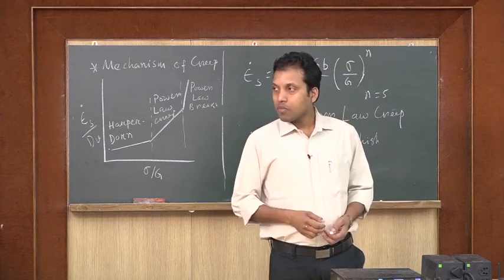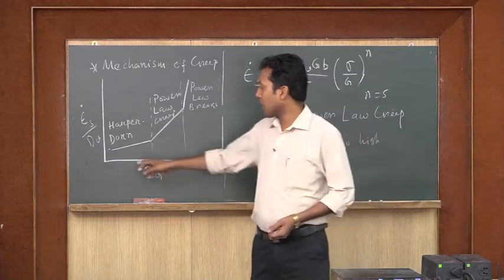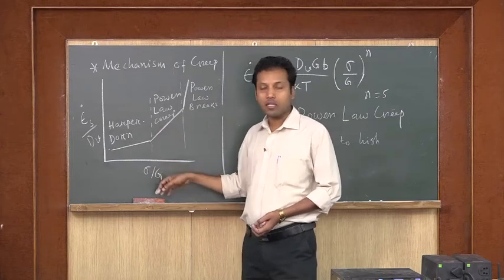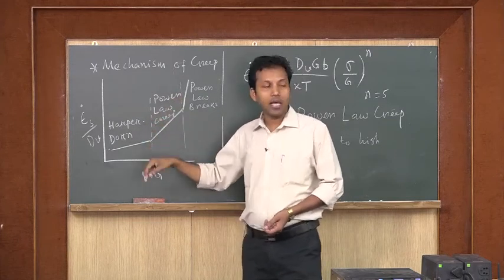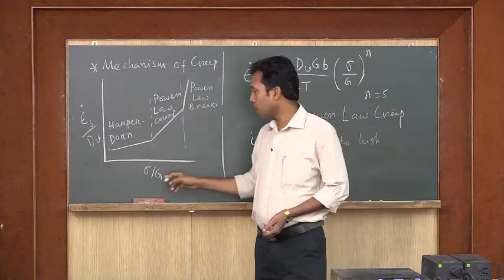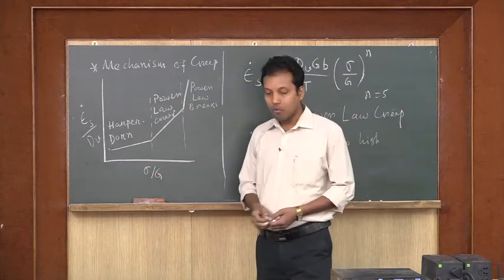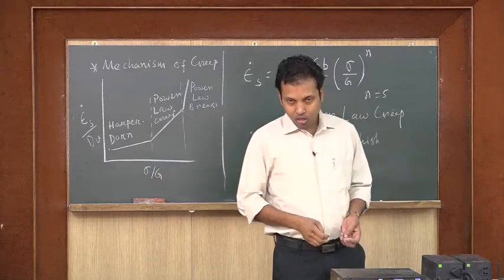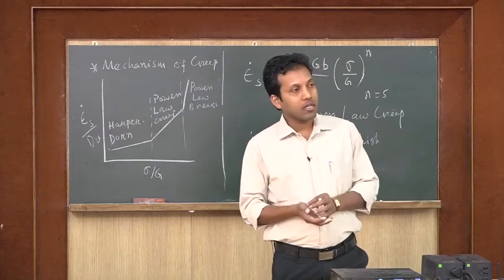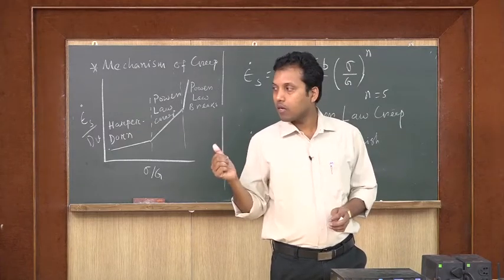So, obviously, this axis should be comparable for all the materials. That is why we need to normalize them by some constant value, like the shear modulus. For aluminum, shear modulus is low, so sigma by G will give some certain value, and for alumina the shear modulus also is high, applied stress is high.